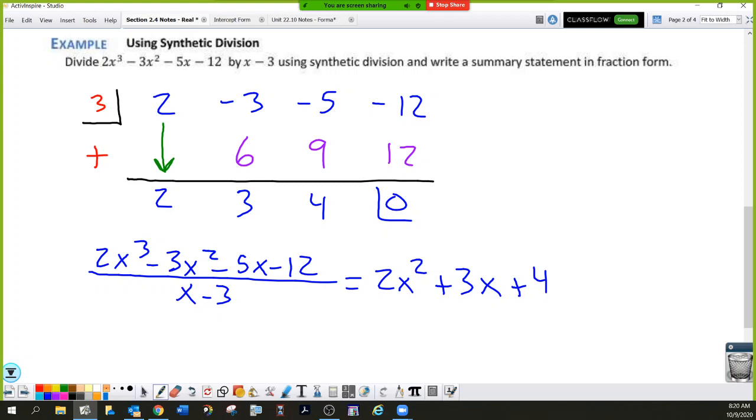Oh, but by the way, x can't be positive 3, because if you plugged in x equals 3, you'd have an asymptote.